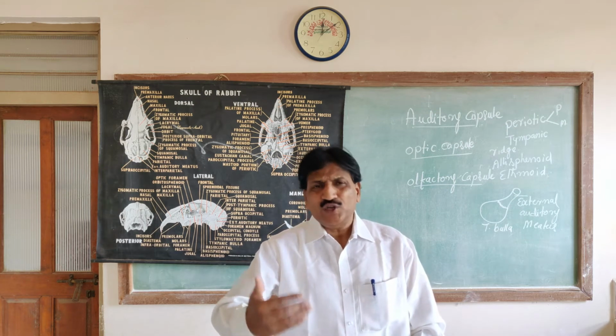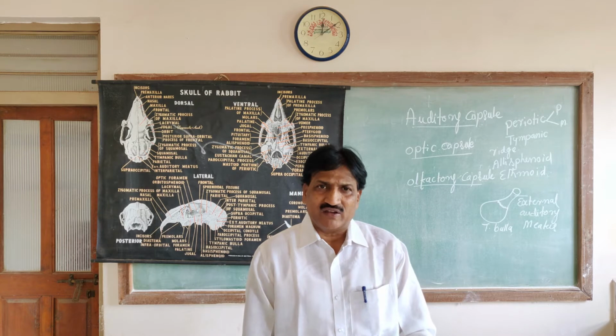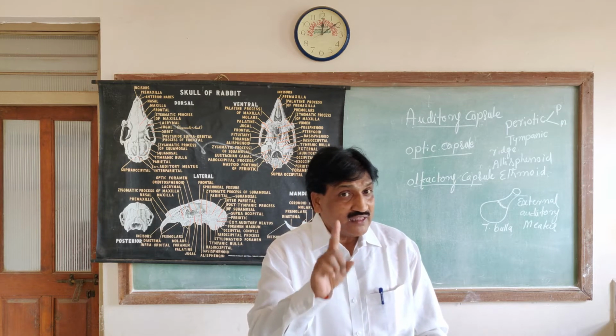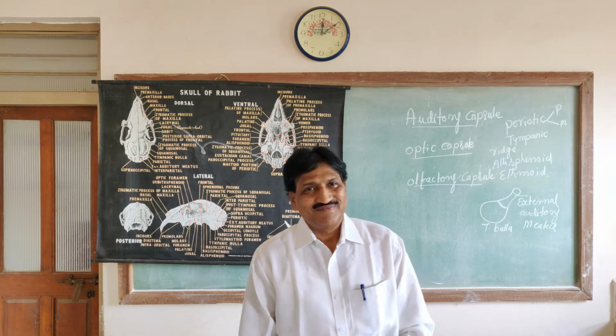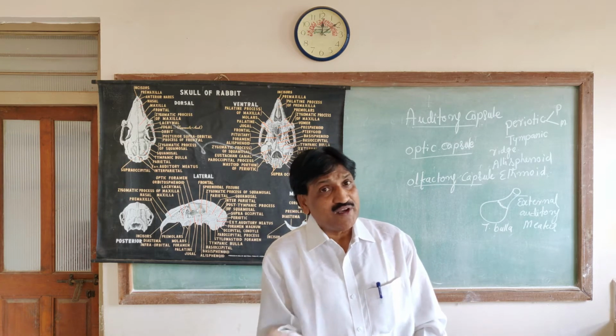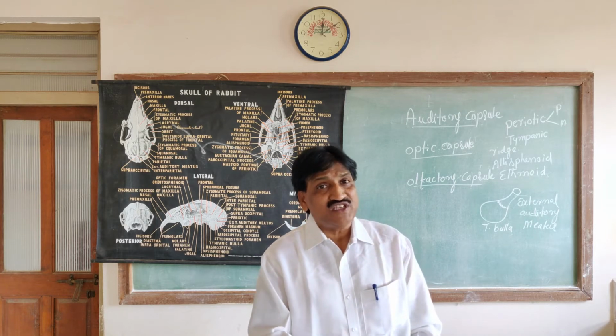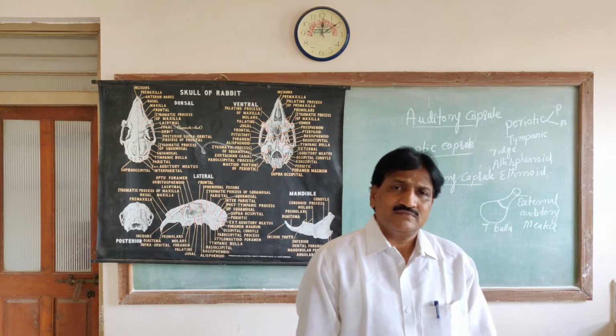The important structure in the occipital segment is the occipital condyles. Whereas in the parietal segment, on the ventral side there is a bone called basisphenoid, having an opening called pituitary foramina.